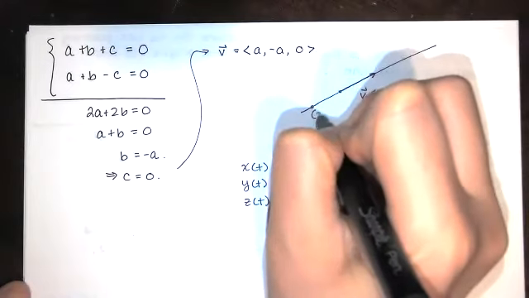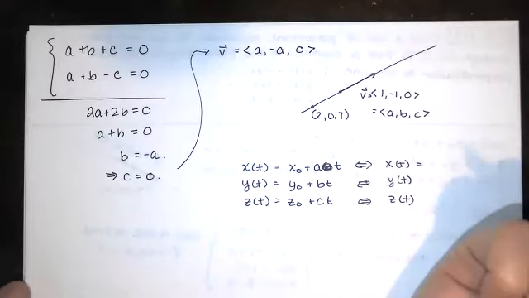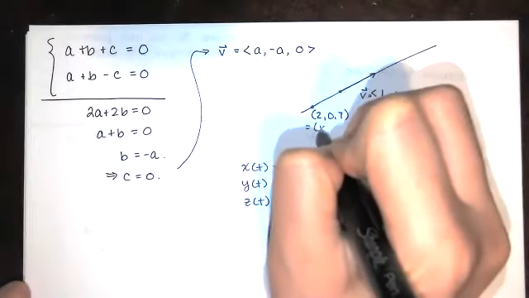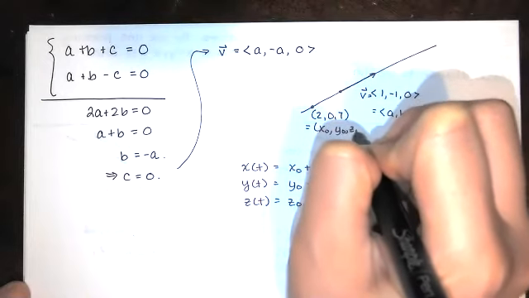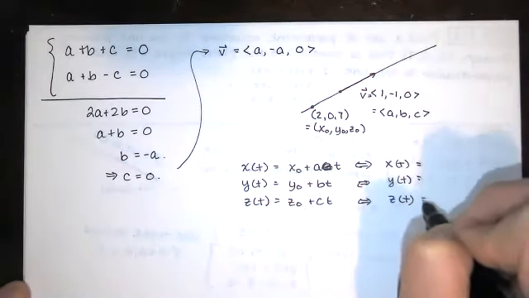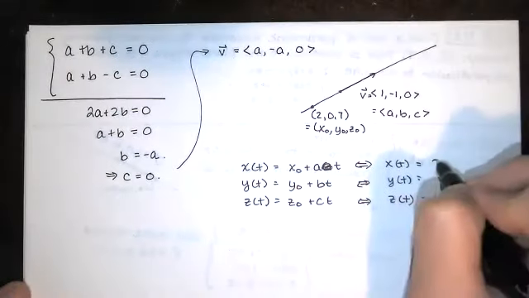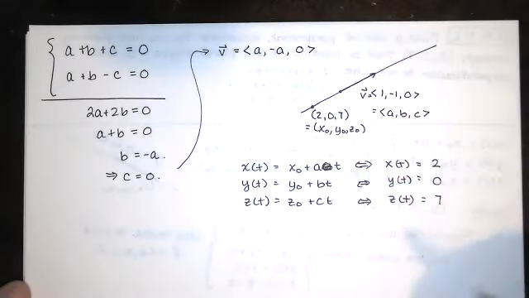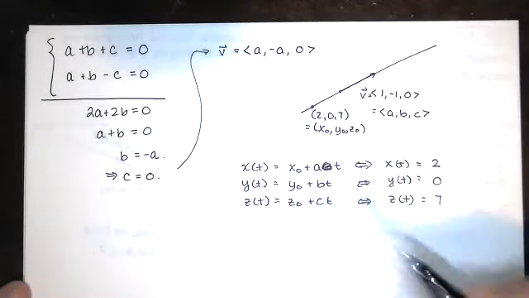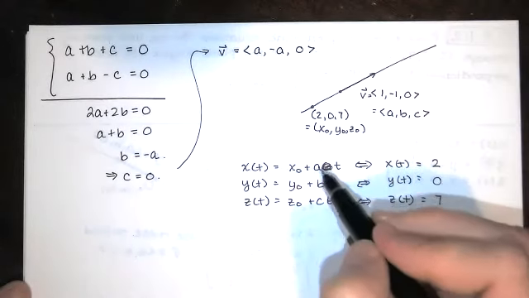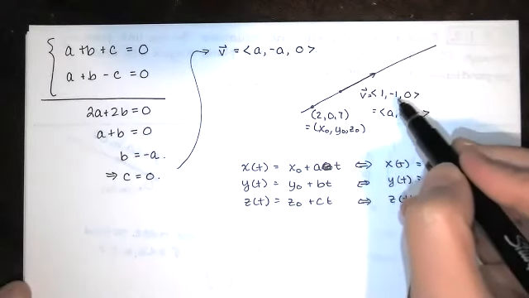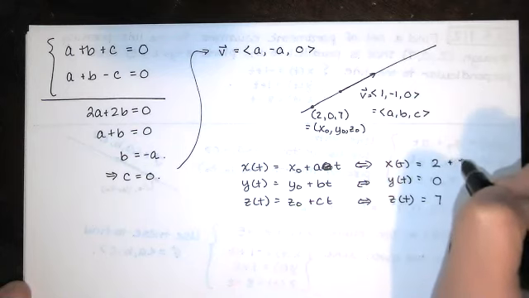Now we were given earlier that our line passes through the point 2, 0, 7. So x naught, y naught, z naught is 2, 0, 7, and a, b, and c are given by 1, negative 1, and 0.